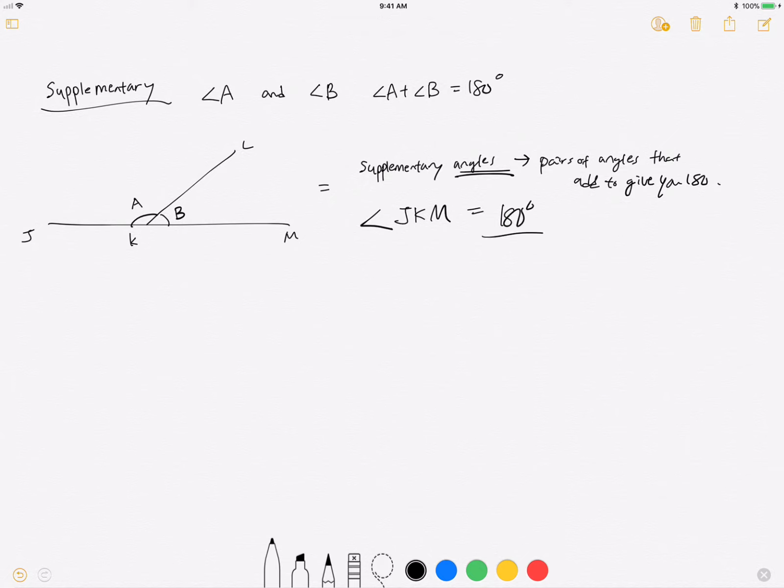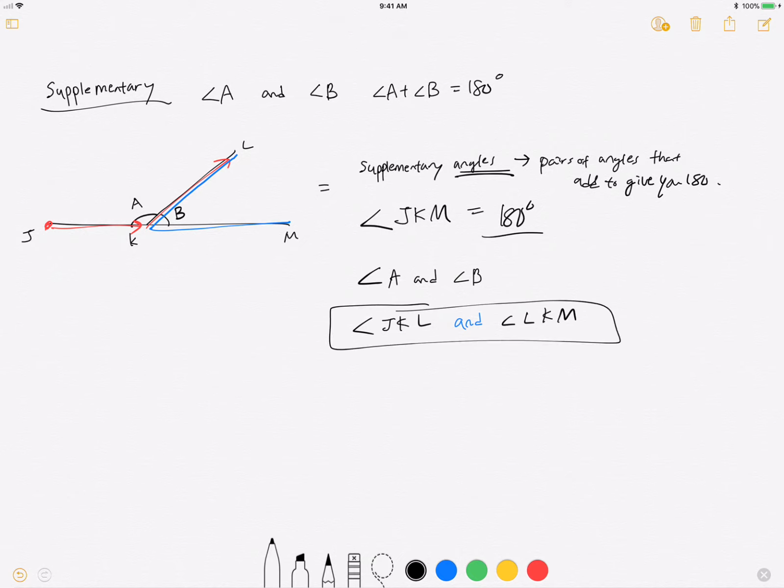That really has nothing to do with being pairs of angles, right? So what do I say? Well, angle A and angle B, or to be more technical, it will be JKL and LKM. This would be the notation that you would use if I were to give you those letters.